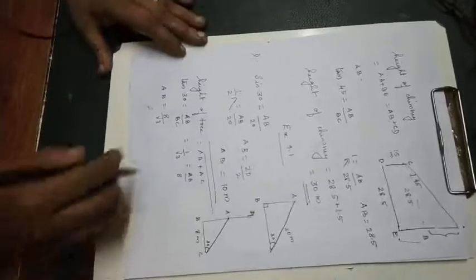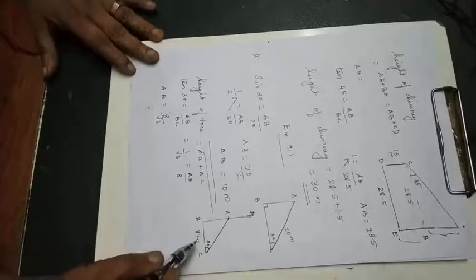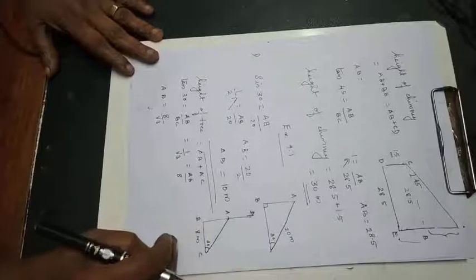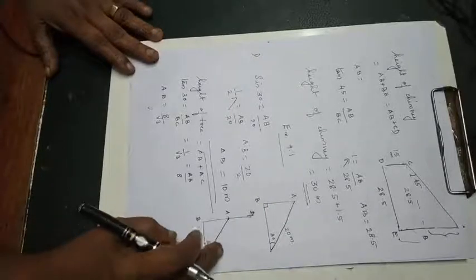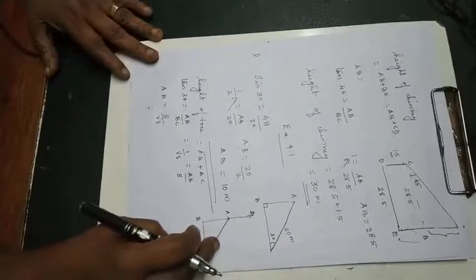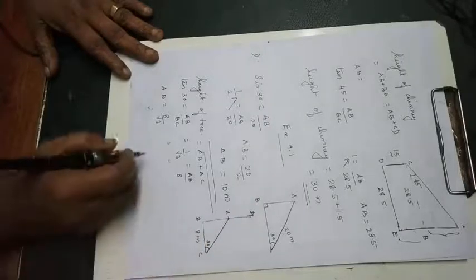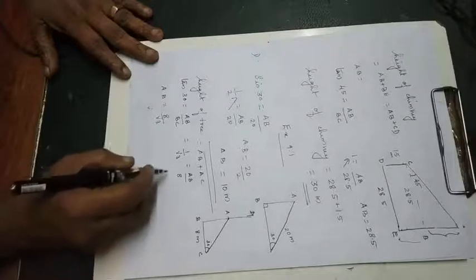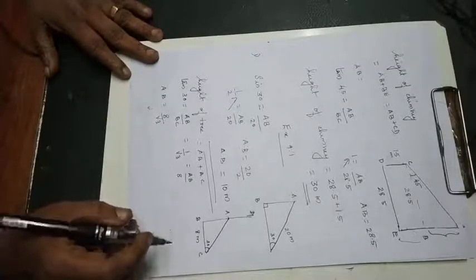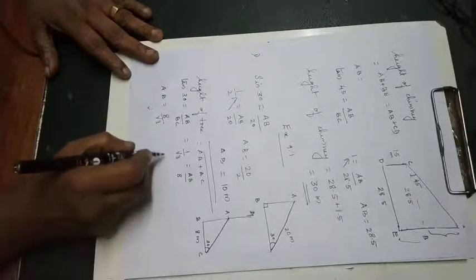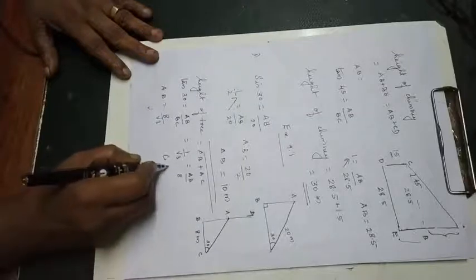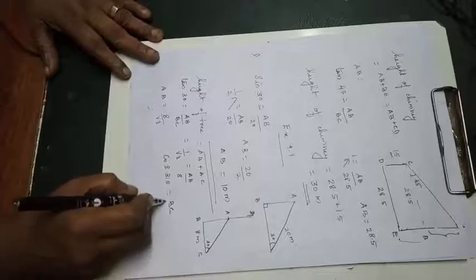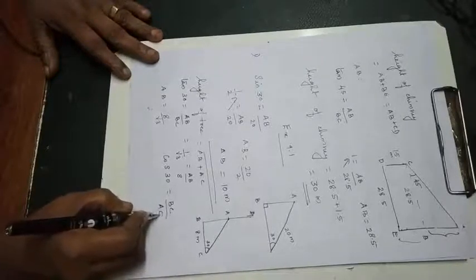Now find out AC. AC is connected with the hypotenuse, that is cos 30, equal to BC by AC.